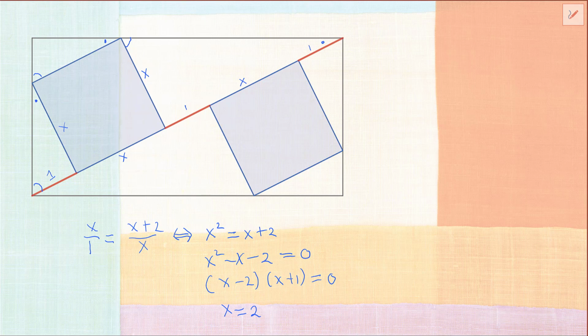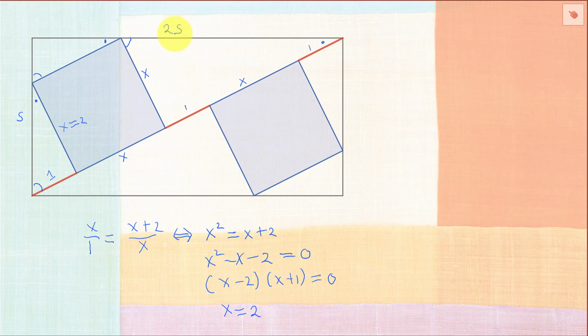So the proportion of the base compared to the height is 1 to 2, or in trigonometric language, the tangent is equal to 1/2. Therefore, the proportion of this base compared to that height is also 1 to 2. If we call the length of this side s, then the length of that side is equal to 2s.